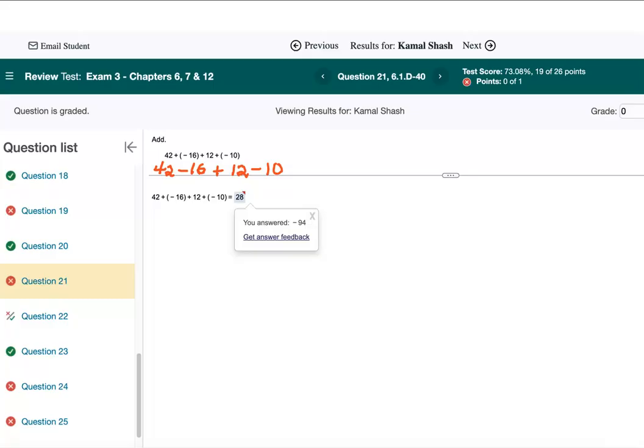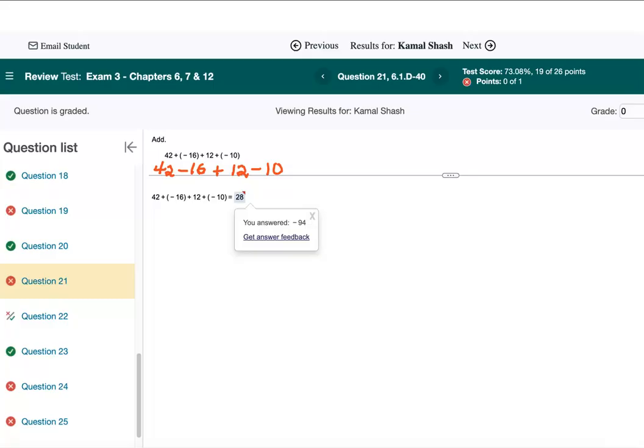But then we would just want to go from left to right. So we would do 42 minus 16, take that answer, add 12 to that, take that answer, subtract 10.